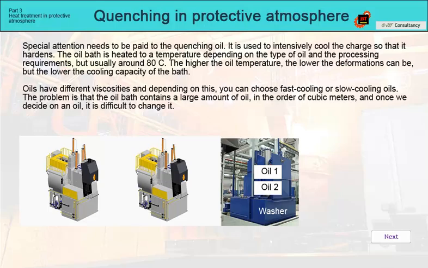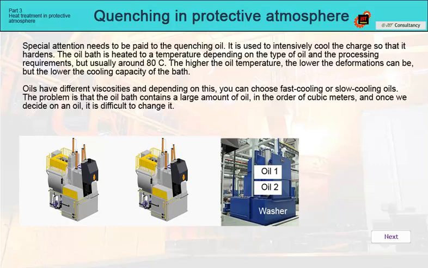However, the oils cannot usually be completely separated in operation, because even for several furnaces, we usually only have one washer, and there they are mixed. Therefore, the choice of oil must always be carefully considered with regard to the expected range and the layout of the heat treatment operation.